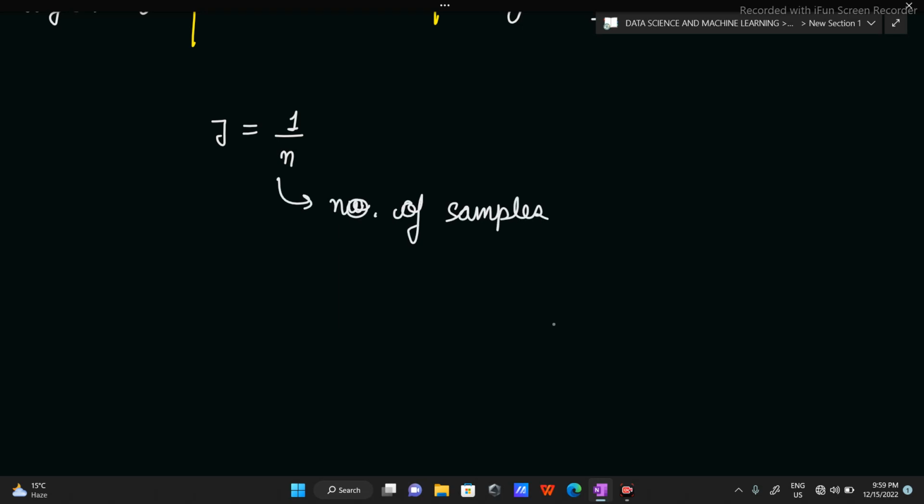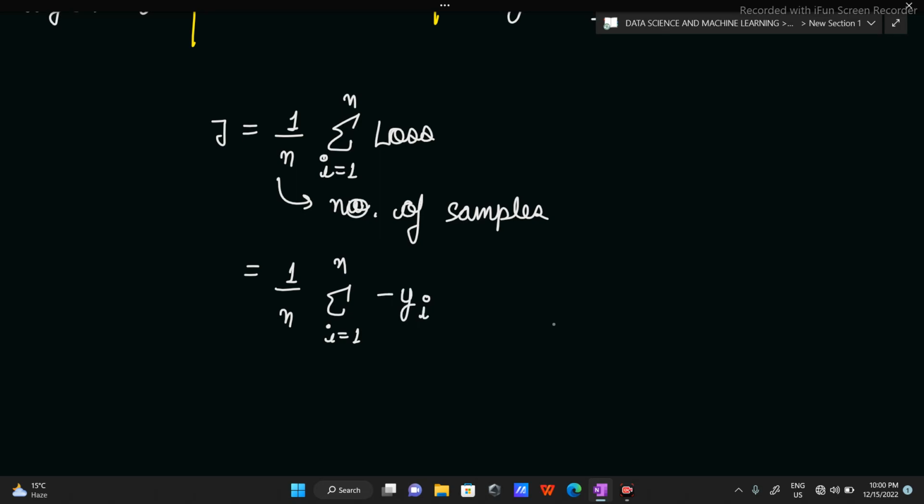These are the data points that I have. So it will be the sum of i equal to 1 to n and then this loss. And again, if you want to simplify it further, we'll write it like 1 upon n, sum from i equal to 1 to n.